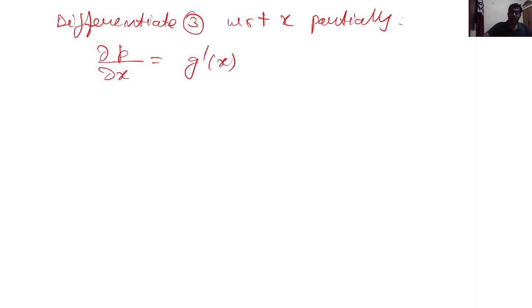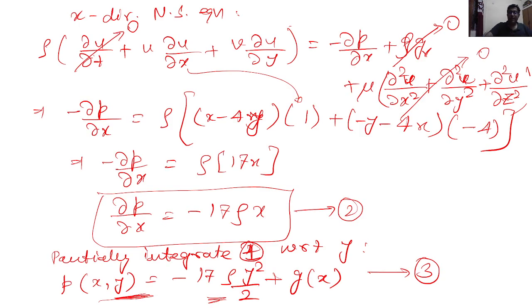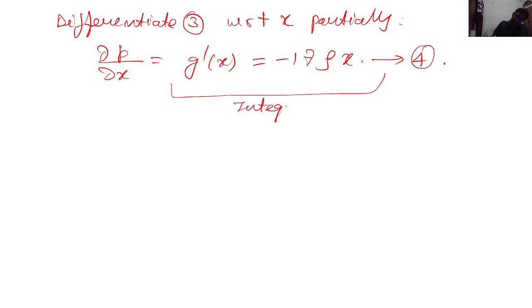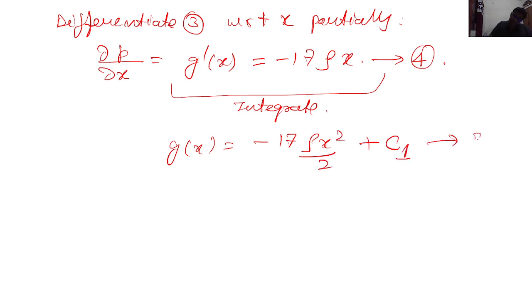So it will just leave g dash x, which we know from equation number 2 is equal to minus 17 rho x. This would be expression 4. We just need to integrate it to get the final expression. g of x would look like minus 17 rho x square by 2 plus any constant c1. This is expression number 5.